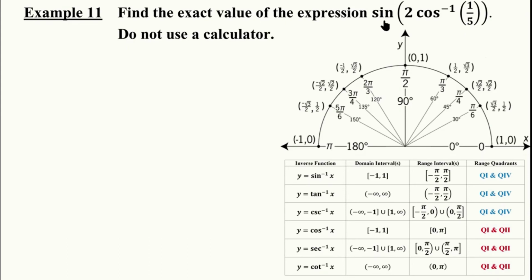We're interested in the sine of twice that. So that's going to enable us to actually find an exact answer in the following way. So first we'll do a clever substitution. We'll go ahead and let theta be that inverse cosine right there.